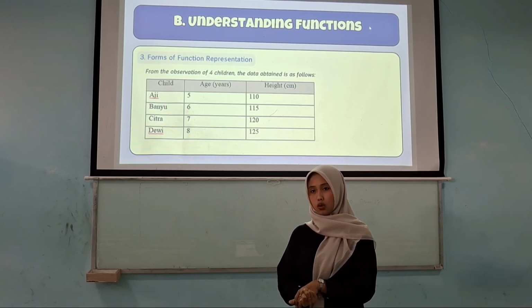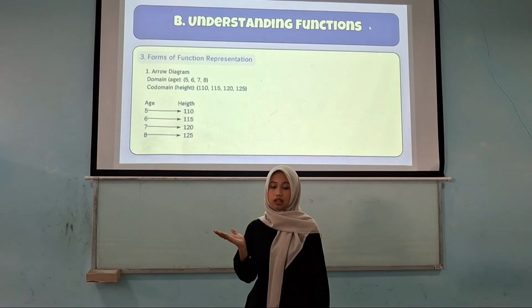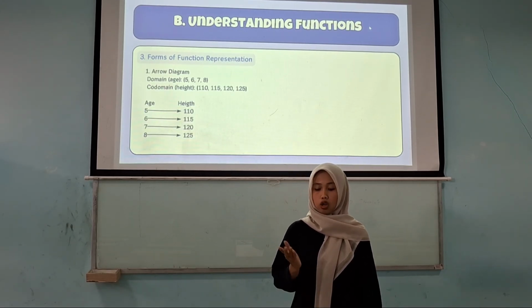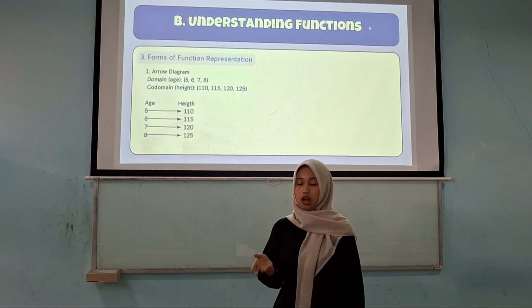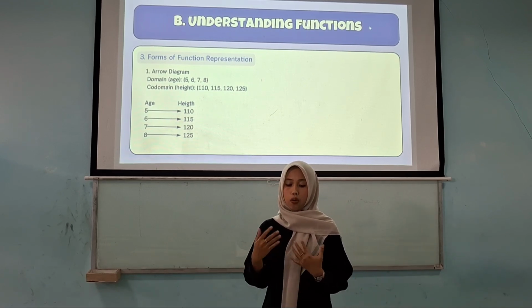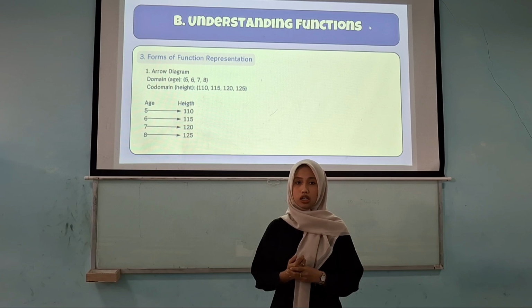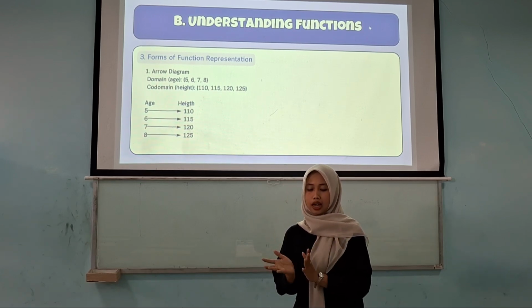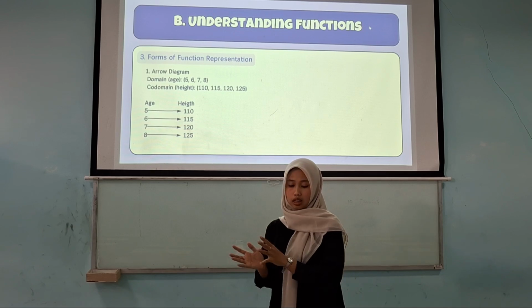Height 125. One, arrow diagram. Domain age: 5, 6, 7, and 8. Codomain height: 110, 115, 120, and 125. Age 5 pairs with height 110.